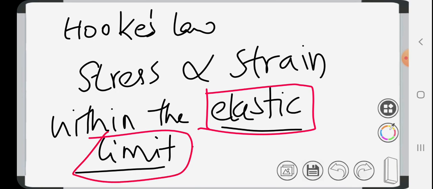As long as the loading is within the elastic limit, the stress developed will be proportional to strain in that body. So if the applied force crosses the elastic limit, then the stress will no longer be proportional to strain. The stress proportional to strain will be applicable only if the loading is within the elastic limit. Okay, so that is Hooke's law.